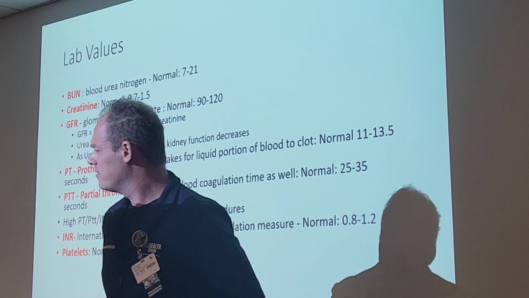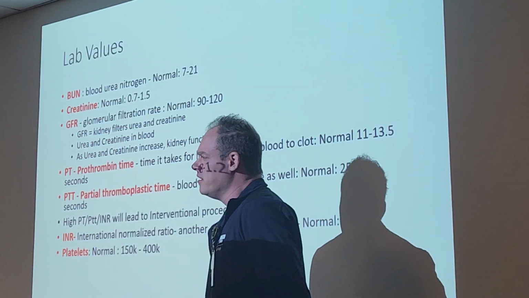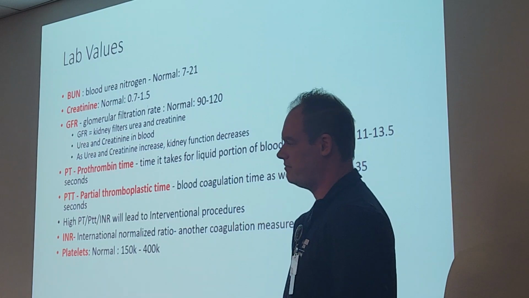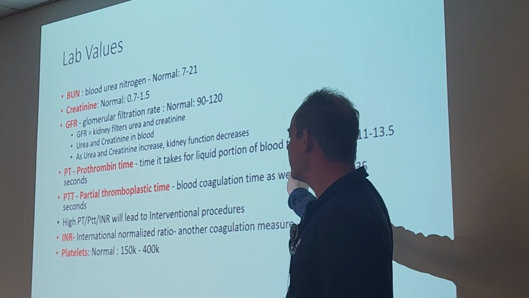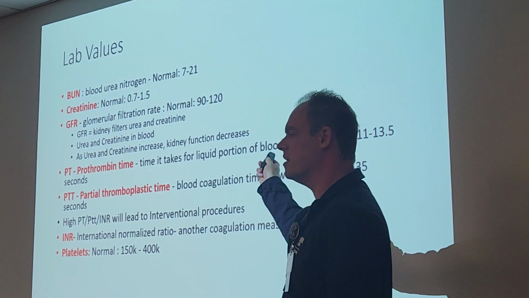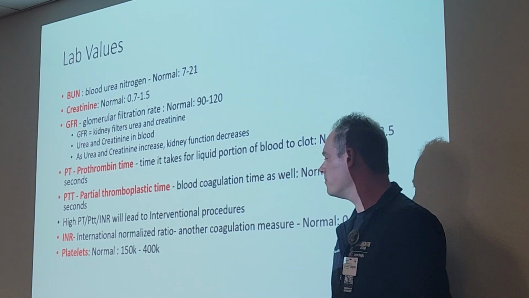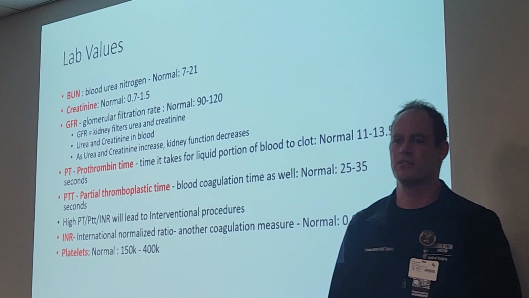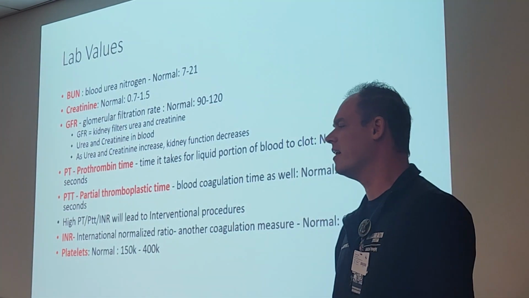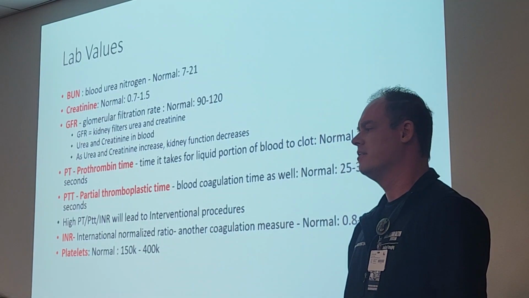So INR and PTT are coagulation measurements. PT is a clotting measurement. And then platelets speak for themselves. You can donate platelets every 7 days or so, and blood every 8 weeks or so.